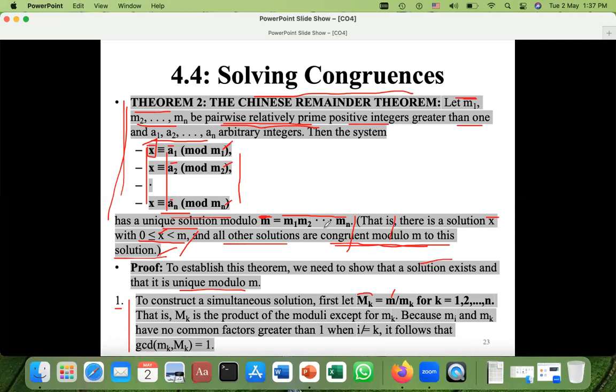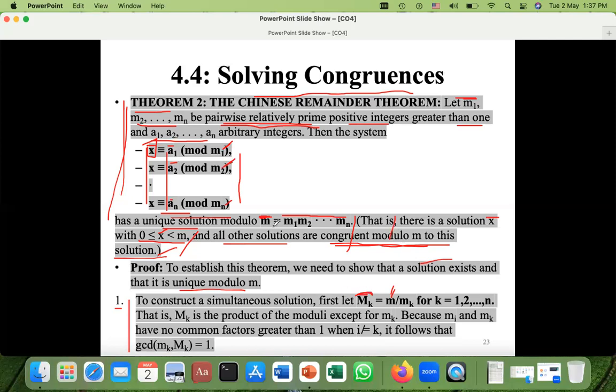Then you divide the same M again with m2, and you will get the value for capital M2, and so on. You divide the value of M with mk, and you will have the value for capital Mk. So this is the step you have to do.